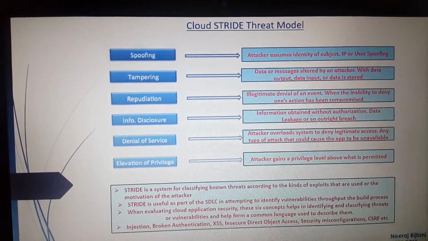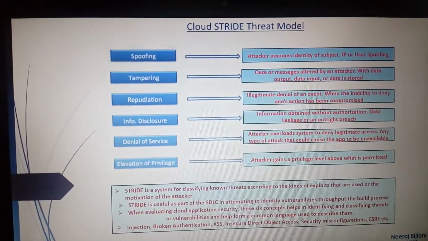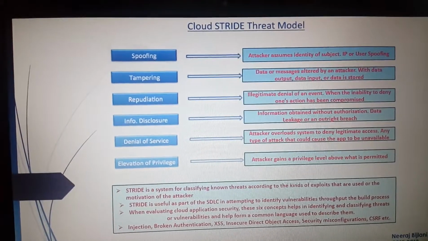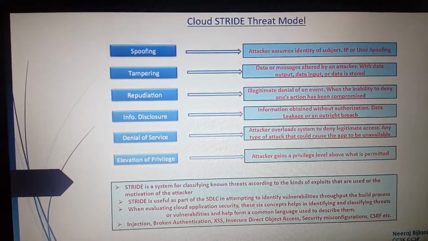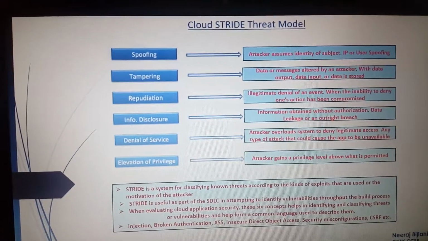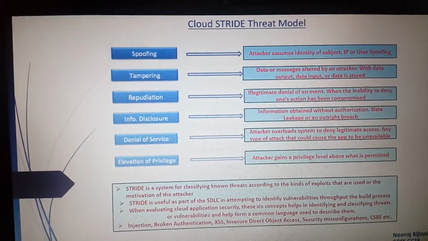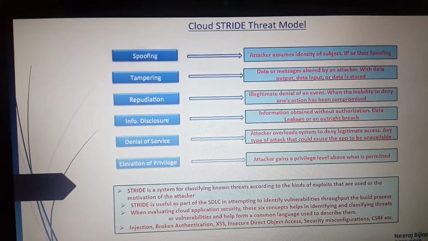All the illegitimate connections are going to the application, but there is no output. Denial of service is the most common attack on applications where the service is unavailable, and the cloud is meant for service availability. So this should be kept as a top priority, right?